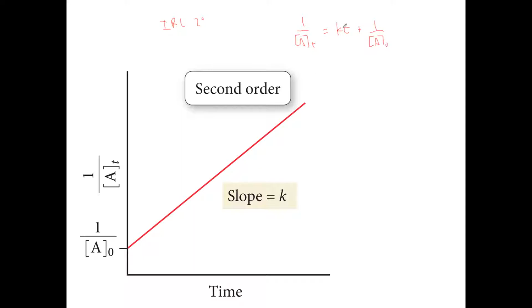Now, you might say to yourself, how can we make this linear? Oh, well, it's set up linear already. Sometimes the problem will say, show that it's second order, show that it's first order. Well, you take the integrated rate law and set that up as your y.